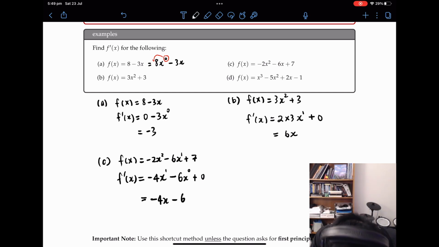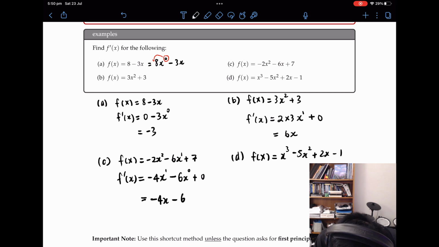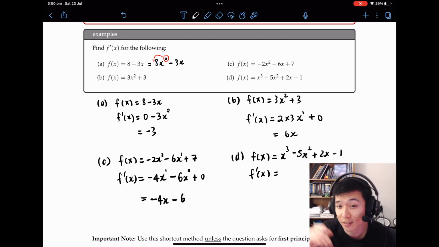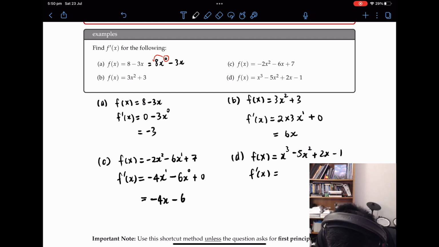And let's do the last one together. f of x is equal to x cubed minus 5x squared plus 2x minus 1. What do we do here? Well, we do exactly the same as we've been doing so far. We simply drag down the power, so that 3 comes down to the front. We minus 1 off the power, so it becomes squared instead of cubed.